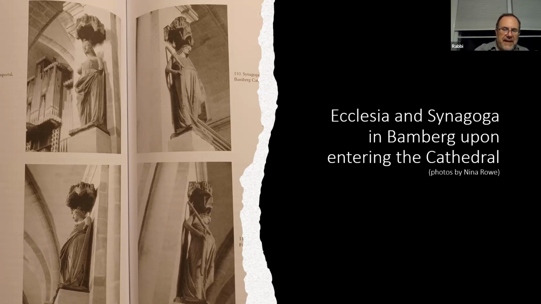There's no way to prove that it was intended to do that, but it's a brilliant insight in how something etched in stone gives us an image of motion. And the motion is the movement of sacred history from the Christian perspective, right? Of the triumph of the church and the downfall of the synagogue. And by progressing into the cathedral, you witness the downfall of the synagogue as you walk in.